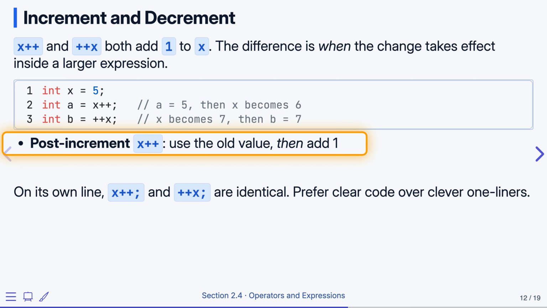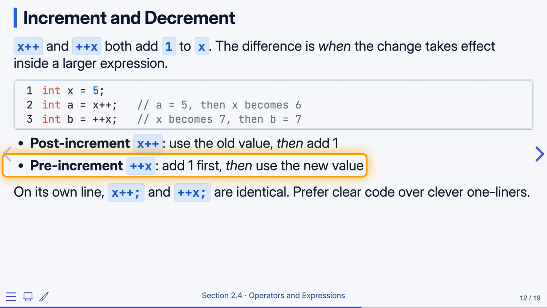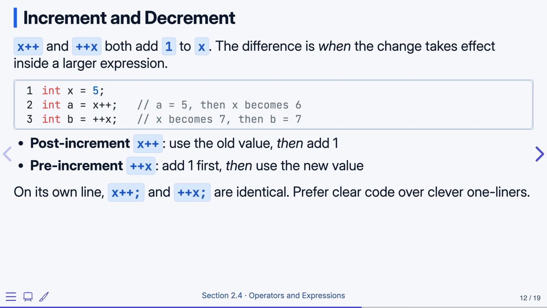So a gets 5. Pre-increment, written ++x, bumps x up first from 6 to 7, and then returns the new value 7. So b gets 7. When you use it on its own line, the two forms are identical. Both just add 1. So keep your code simple and readable and avoid clever one-liners.